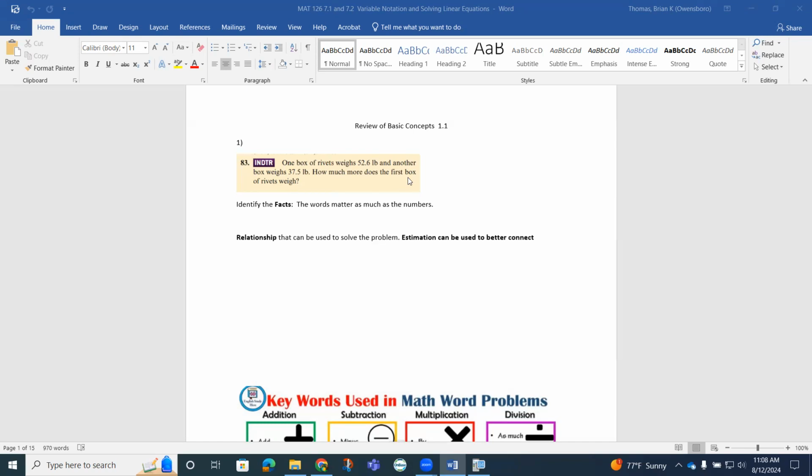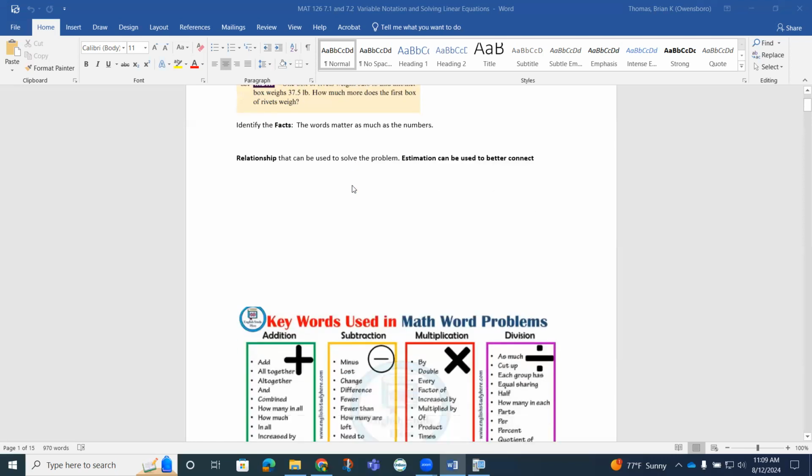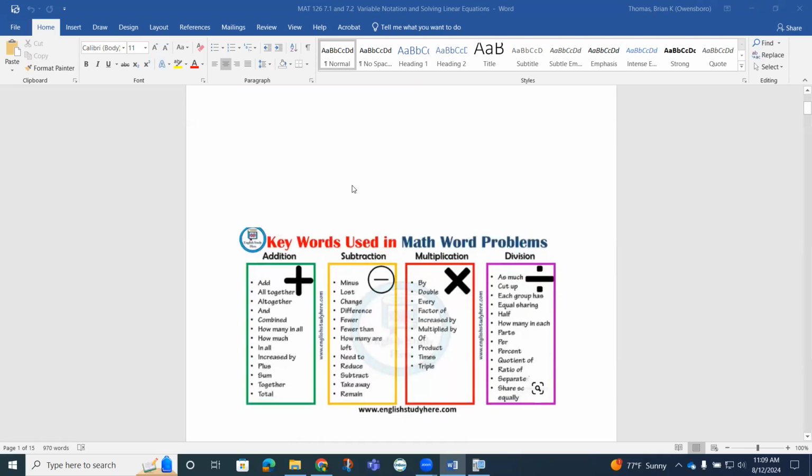So notice that when you read a word problem, you may have to read it a couple of times, maybe several times. I think I'm starting to pick up on what they want us to do. And notice that usually the last sentence is the most relevant one. How much more does the first box of rivets weigh? How much more? So there are some key words down here.